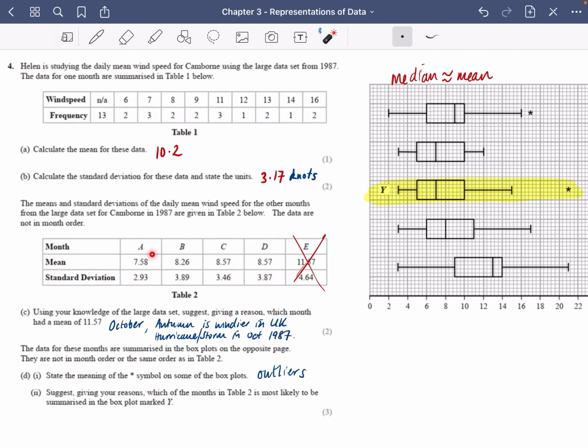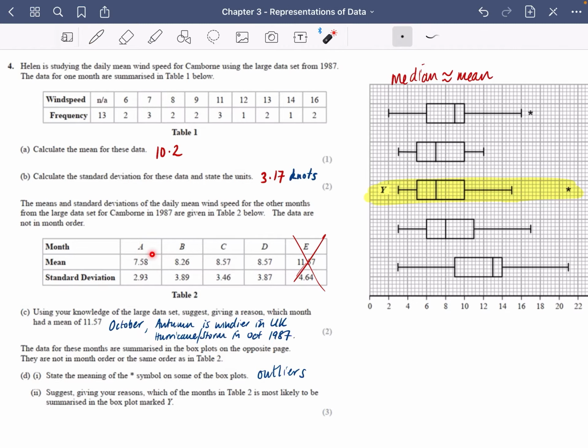So it has a standard deviation larger than A. B is a suitable month, as it doesn't have the smallest standard deviation.